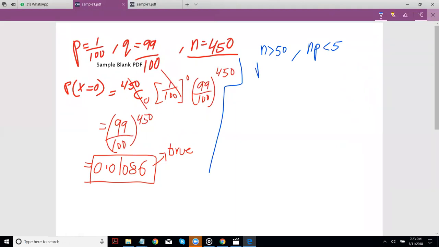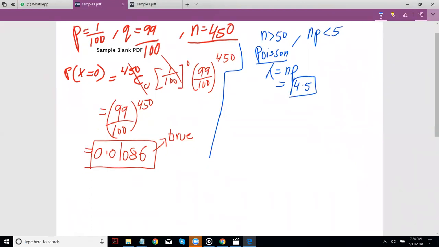So you're going to approximate this into Poisson distribution, and lambda is np, so you're going to multiply 450 into 1 upon 100, which gives you lambda as 4.5.